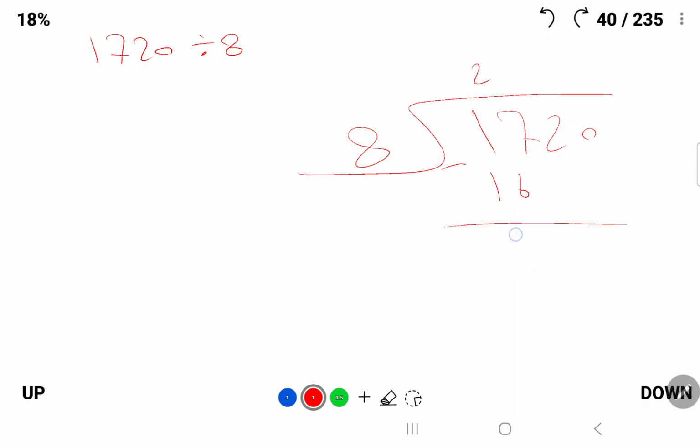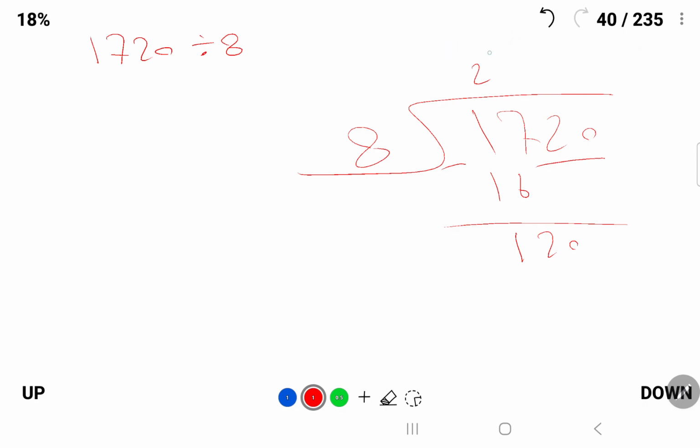Now 20, write it here. Now how many times does 8 go into 120? 15 times.